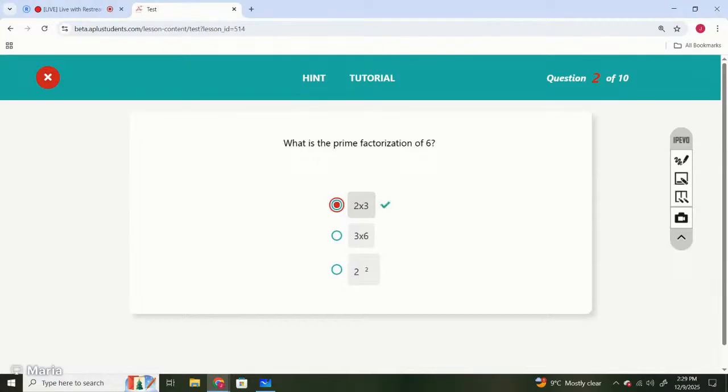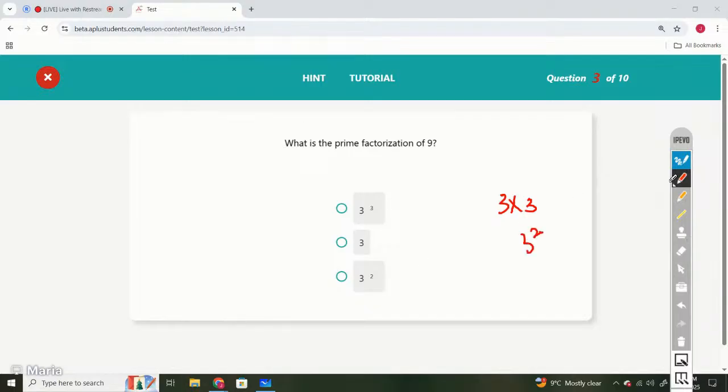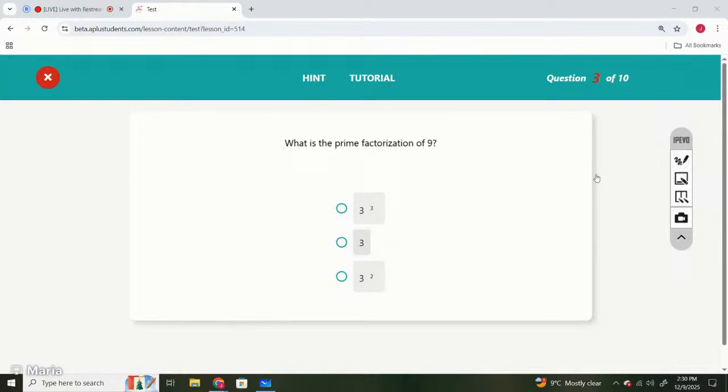What are the prime factors of 9? The prime factorization of 9 is 3 times 3, and we can write it as 3 squared. Option number 3 is the correct option.